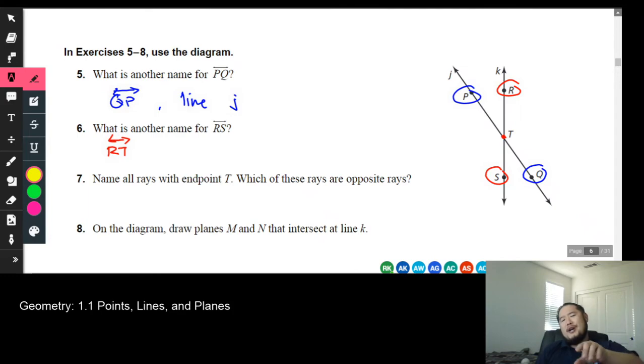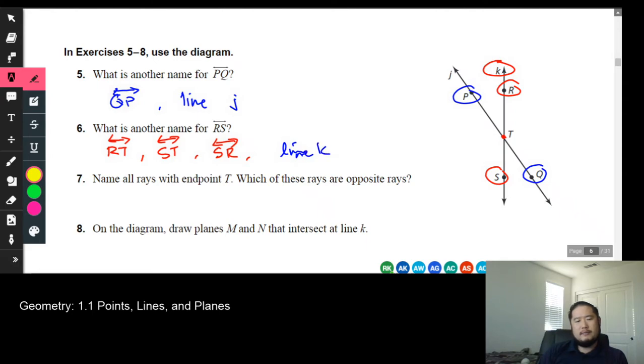I told you earlier, make sure you remember that 2 lines intersect at a point, and that happens to be at point T. So we have RT, we have ST is another. I could also take RS and flip the letters and say line SR. And then finally, there's one last one. Hopefully you don't forget, we have this lowercase letter right there, and this is going to be line k.